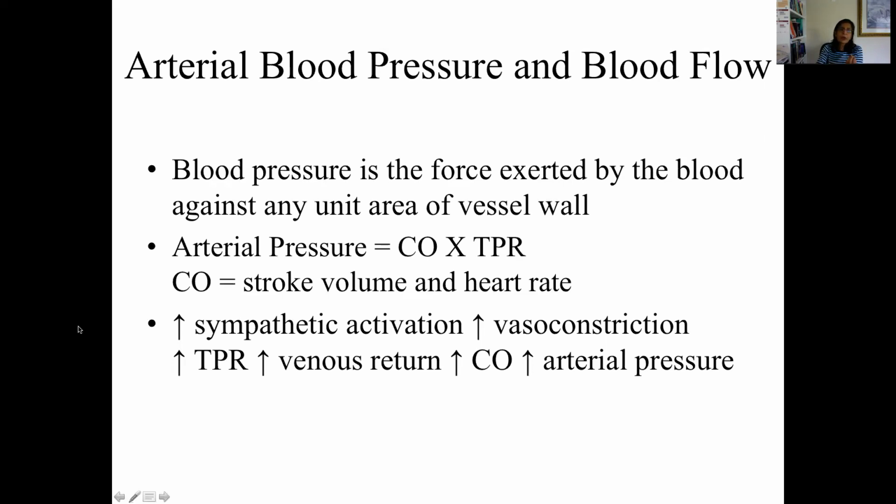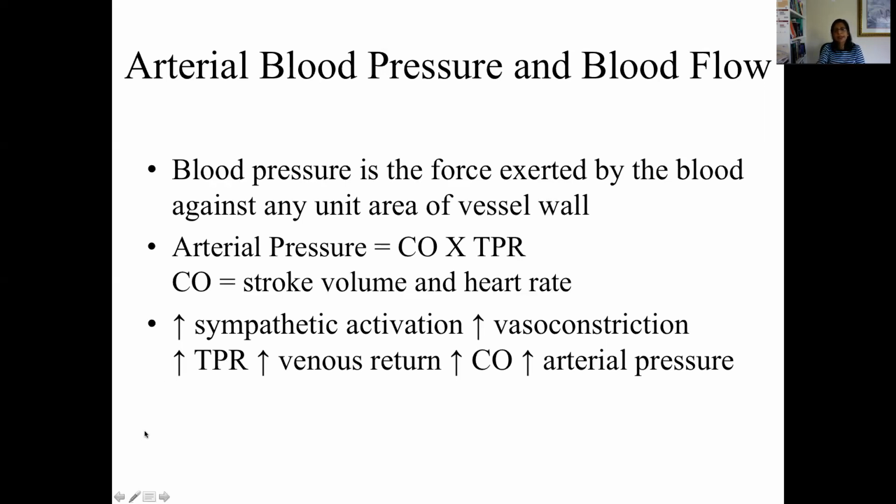Got it? So you already know that cardiac output depends on two factors mainly. Those are stroke volume and heart rate. Each one can be regulated and is regulated in many ways. Stroke volume is the amount of blood ejected by the heart in one heartbeat, and heart rate is the number of beats per minute. Here is one example.